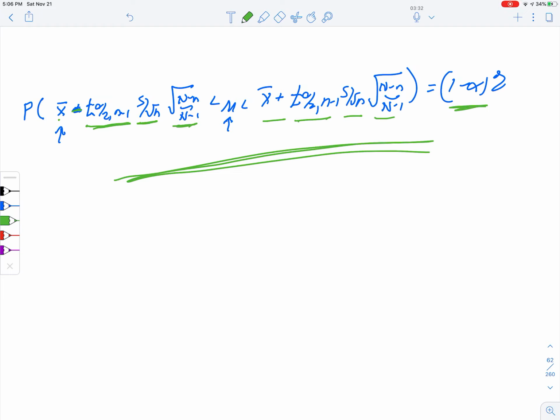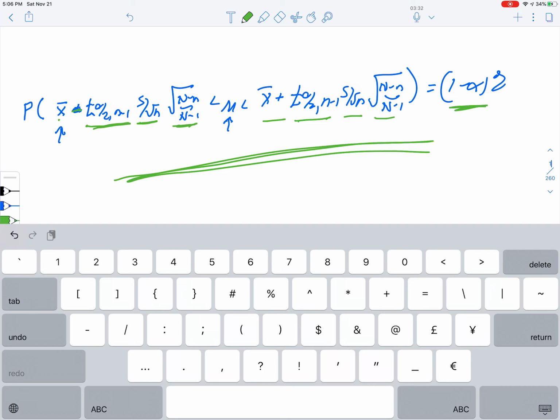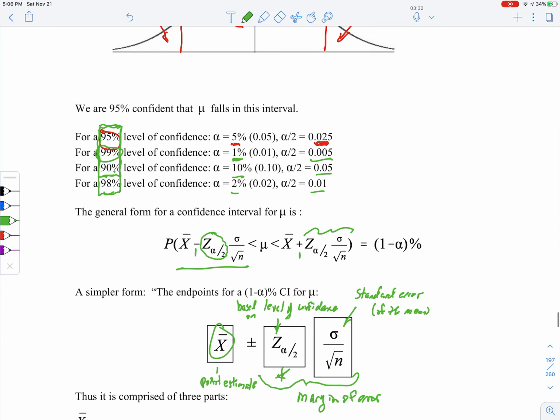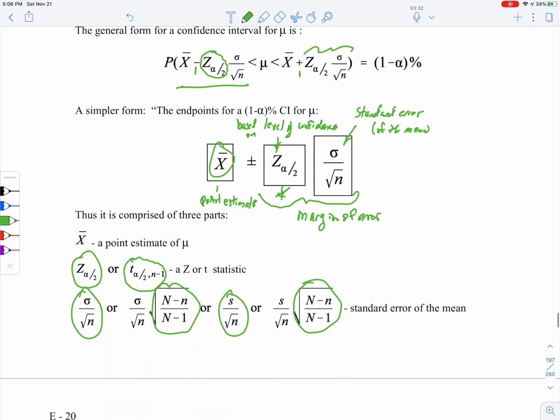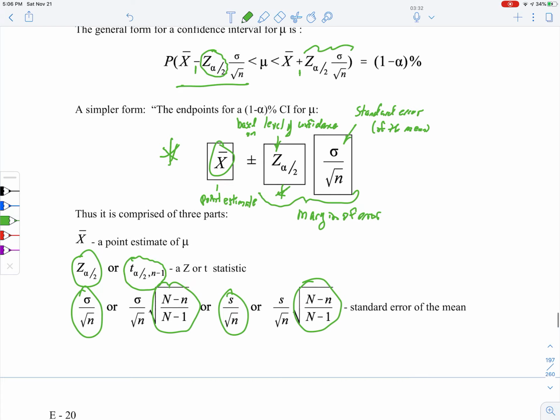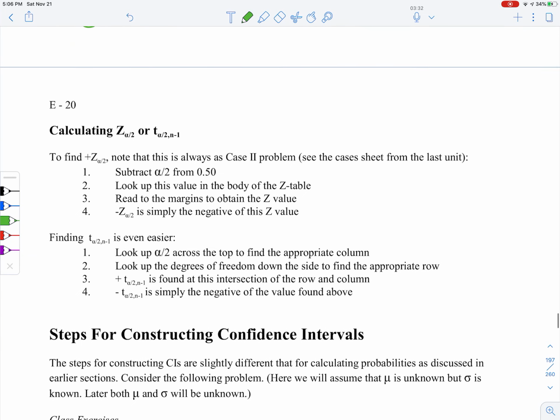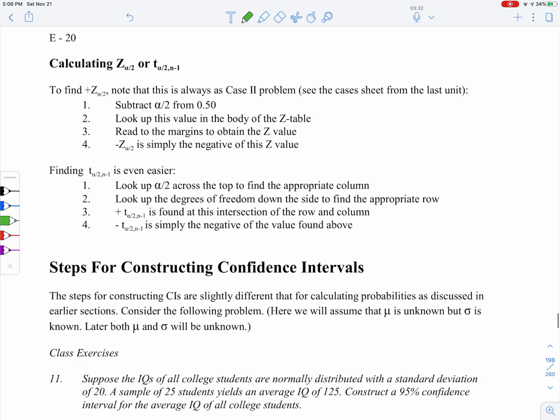This would be for a 1 minus alpha level of confidence. So it really comes down to this formula, where you can replace the z with a t and the sigma with an s, and you could be tacking on an FPC factor.